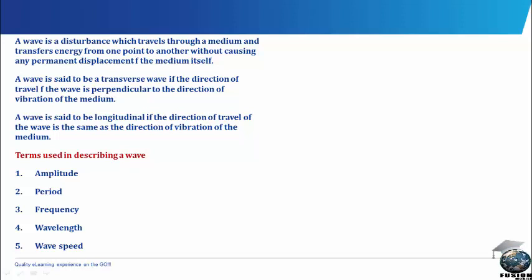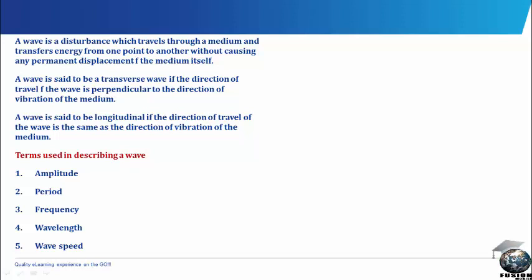The mechanical wave is a type of wave that needs material medium for its propagation, while electromagnetic waves are those that do not need any material medium for their propagation.